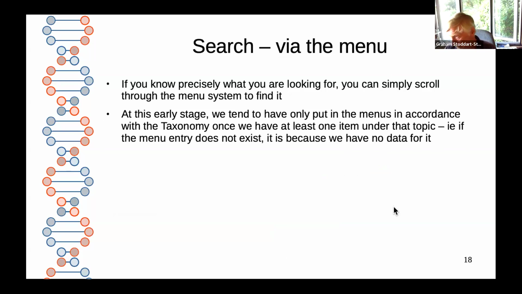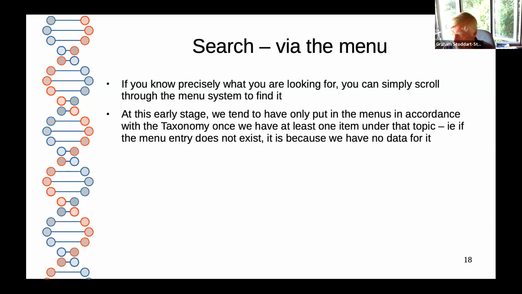There is, as I said before, the option for those who prefer to go via a menu. It works exactly the way you'd expect it to. Each menu item probably has sub-pages underneath, and you just click through the ones you want. Again, they will be in the same order as the taxonomy or lists, so you can see where you want to go from there.